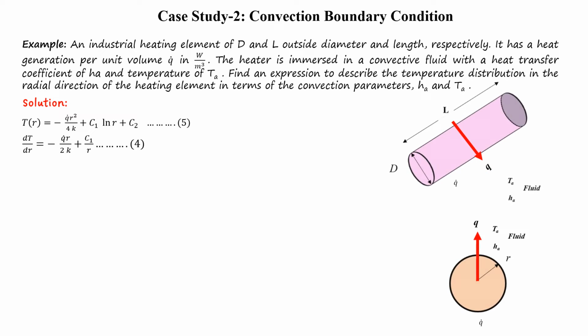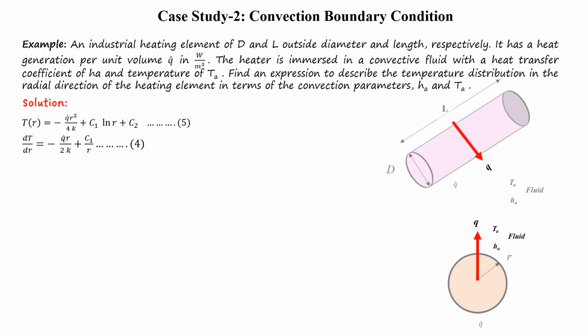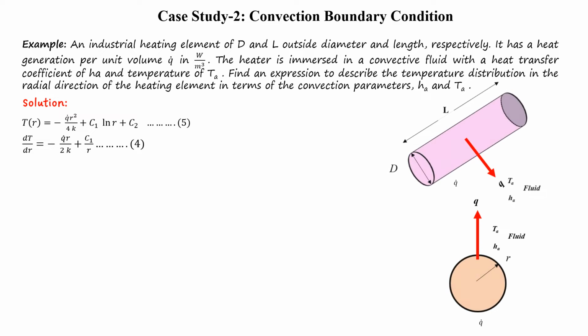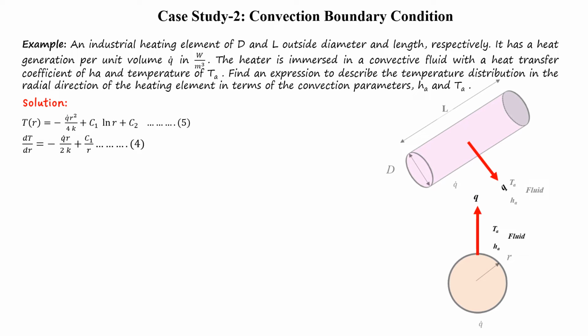So the first integration, or the first derivative for the general form, dT/dr equals minus q dot r divided by 2k plus C1 divided by r, which is represented by equation 4 as it has been obtained before.